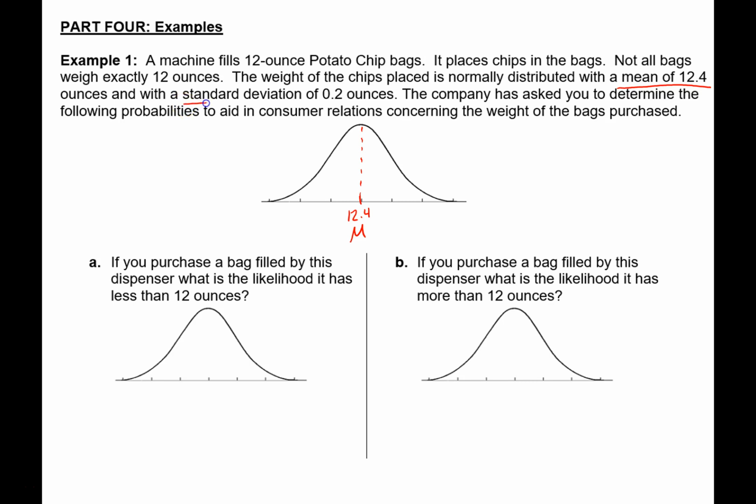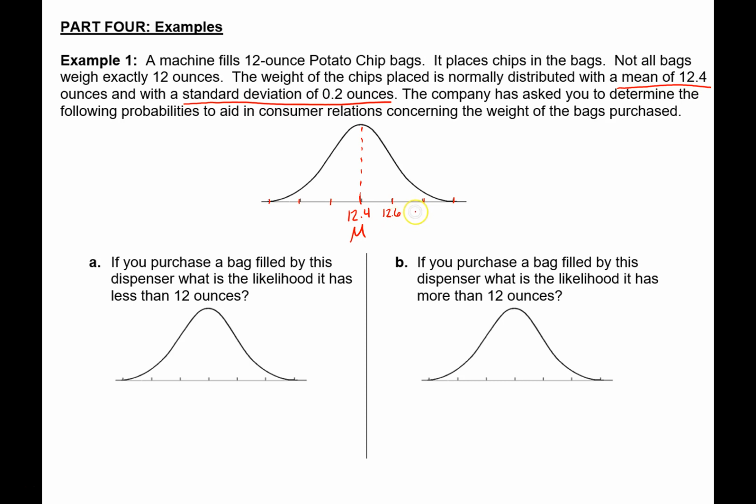But there's also a standard deviation of 0.2 ounces, which means that there's some variability. Not all bags have 12.4 ounces, it's just the average. So what we're going to do to get these other marks on our x-axis at each of the standard deviation marks is we're going to take that 12.4, and to do the right side, we're going to add 0.2 and get 12.6. That's one standard deviation.